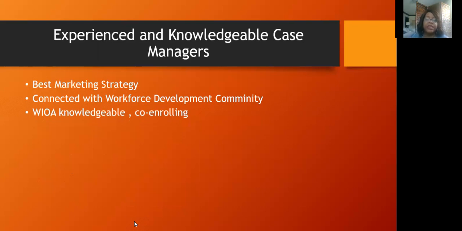You want to make sure that your case managers are knowledgeable of WIOA and that they understand the importance of co-enrolling. And so we know that co-enrolling is extremely important because, again, it's an opportunity to take advantage of community-driven approaches. There are many programs out there that are available, and they have funding for training.